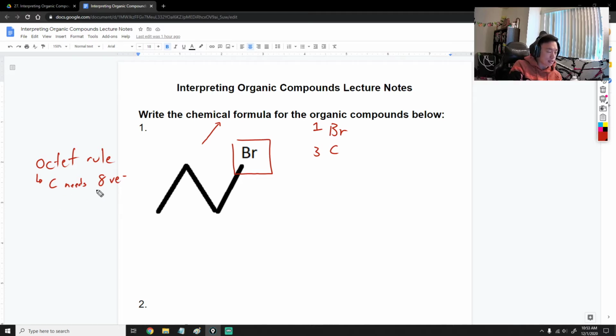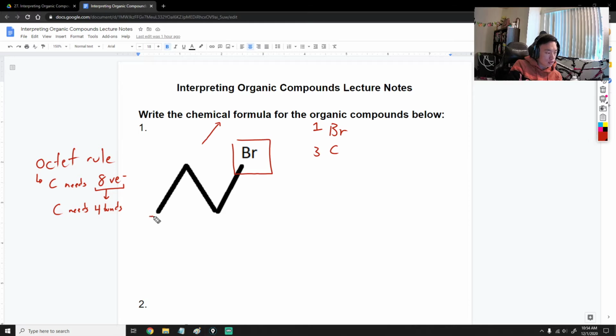What that means is each bond, each of these lines, is going to be 2 valence electrons. So if carbon needs 8 valence electrons, that means it needs 4 bonds. So the Octet Rule tells us that carbon needs 8 valence electrons, which we can translate to carbon needing 4 bonds.